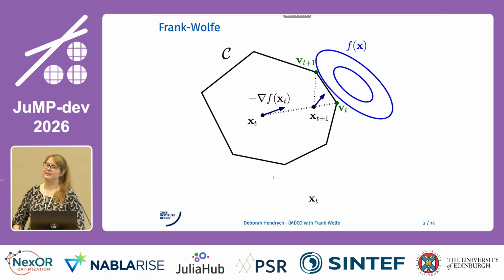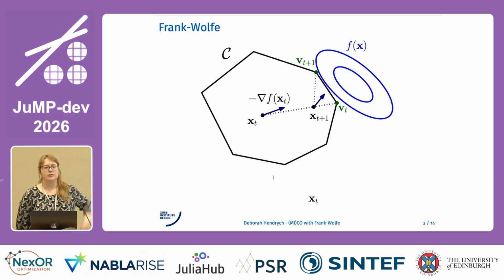And then FrankWolfe has a very nice graphic interpretation, in which at each iteration you compute your gradient. You use this gradient as the linear objective for your linear minimization oracle. This is giving you an extreme point of your feasible region. If your feasible region happens to be a polytope, then this is a vertex of the feasible region, as we see here in the image.